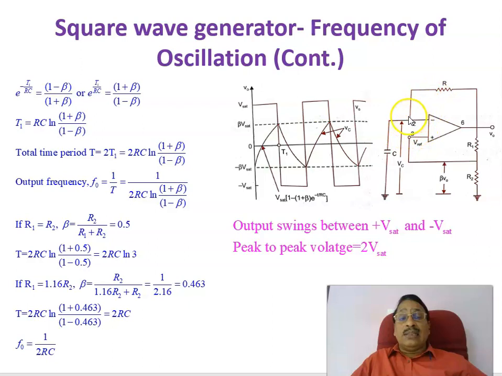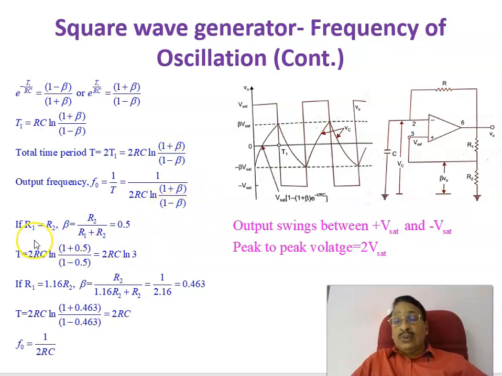Then the capacitor discharges, and once the voltage crosses this value again, the transition takes place from minus V sat to plus V sat. Therefore, we get a square waveform at the output, and its time period is twice T1, which equals 2RC natural logarithm of (1 plus beta) divided by (1 minus beta). The frequency is 1 by T, which equals 1 by 2RC natural logarithm of (1 plus beta) divided by (1 minus beta).